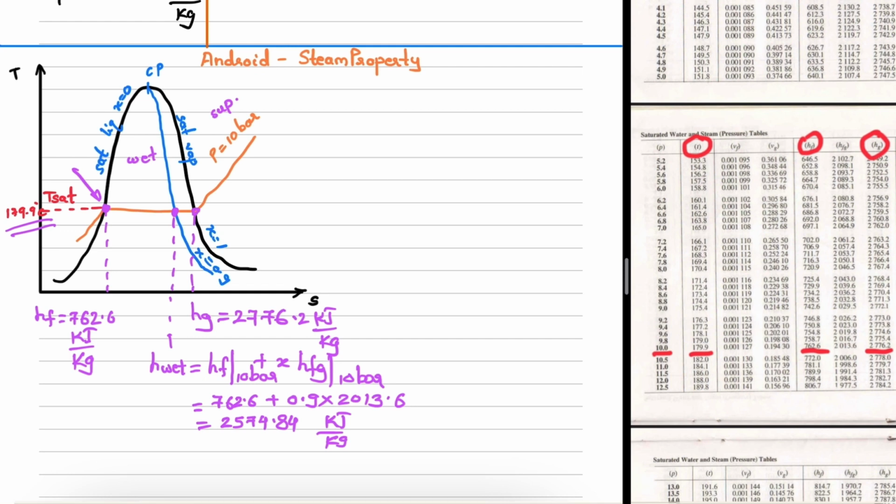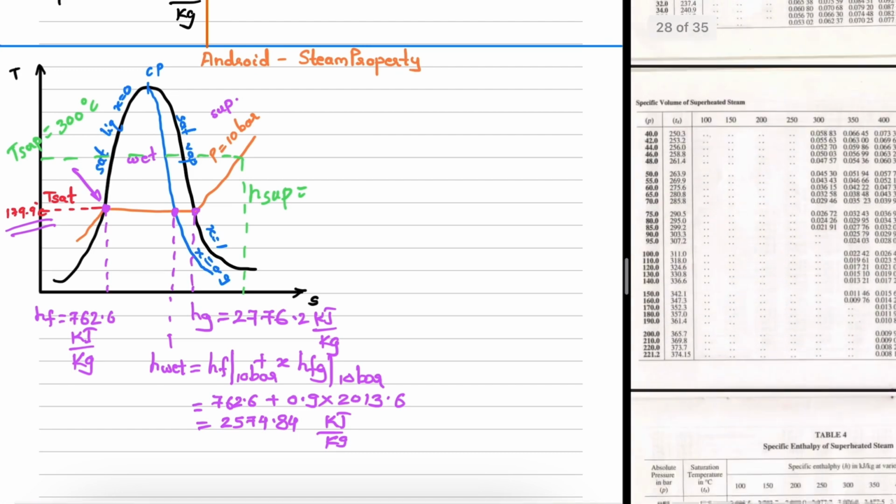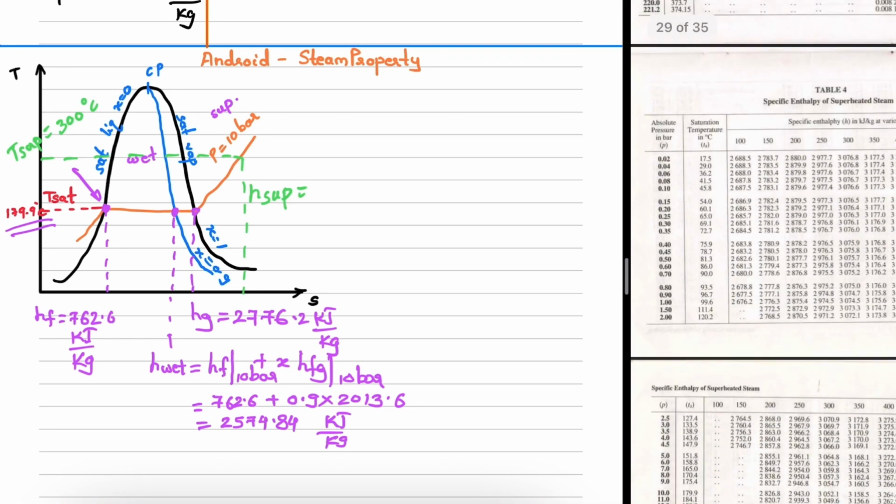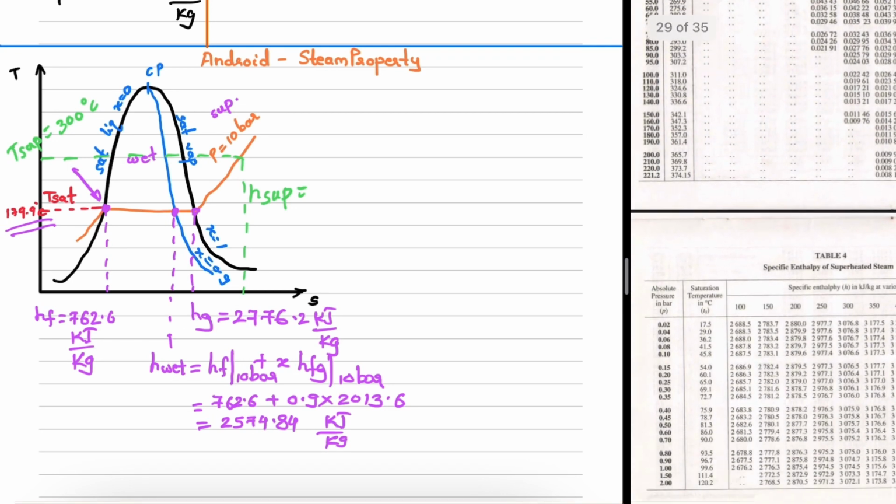Now next, suppose the superheated temperature, consider it to be 300 degrees Celsius. So T sup is 300 degrees Celsius. How to find the enthalpy of this point, H sup? H sup we find by going to the enthalpy tables of superheated steam.